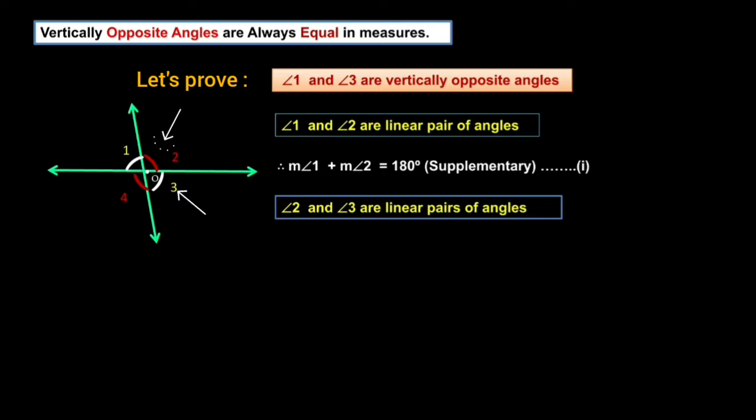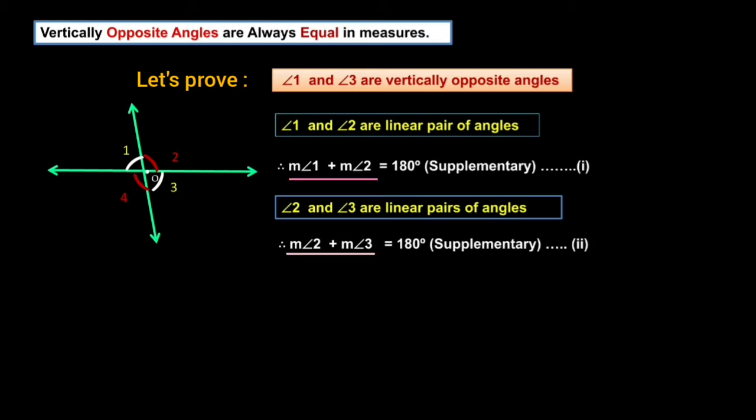Similarly, angle 2 and angle 3 are linear pairs. Therefore, sum of measure angle 2 and measure angle 3 is equal to 180 degrees. Let us take this as statement 2. Observe here, in both statement 1 and 2, left hand side is equal to right hand side.